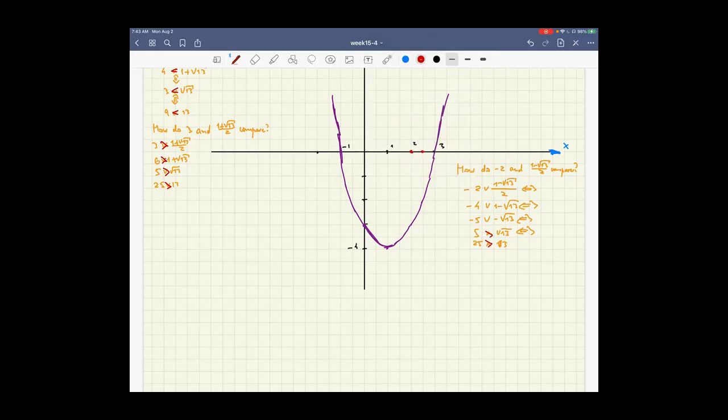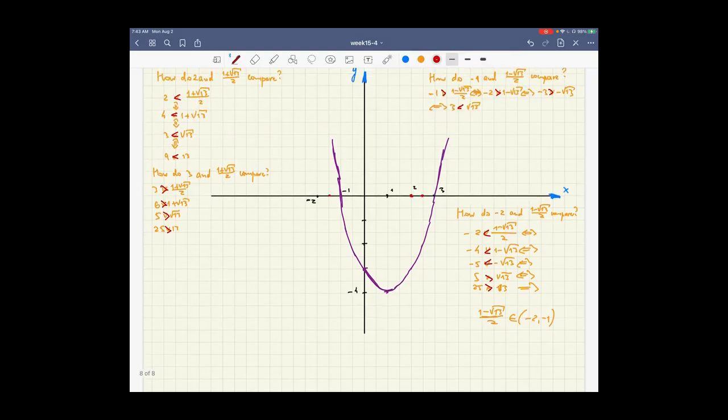So our number 1 minus root 13 over 2 is between negative 2 and negative 1. All right, so let's say the root is here. We also need to show the asymptote, x equals 1.